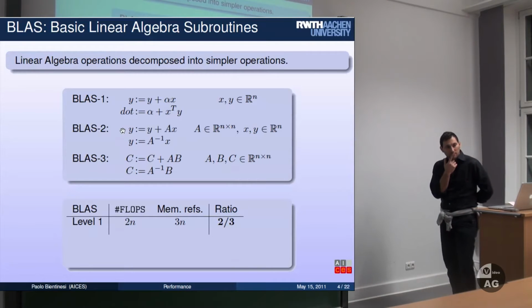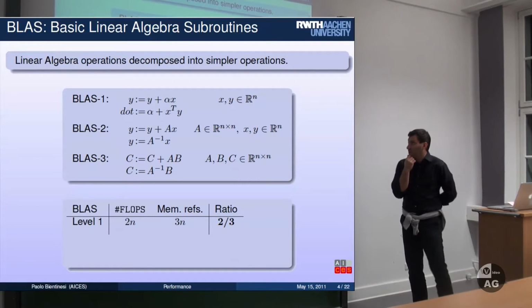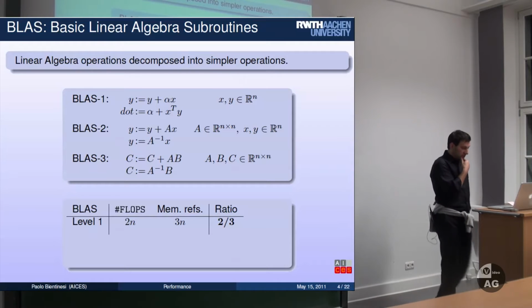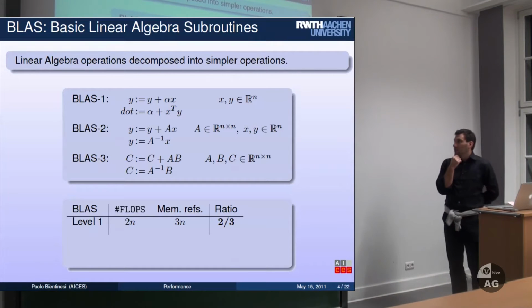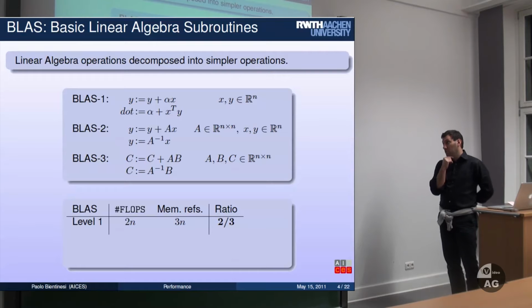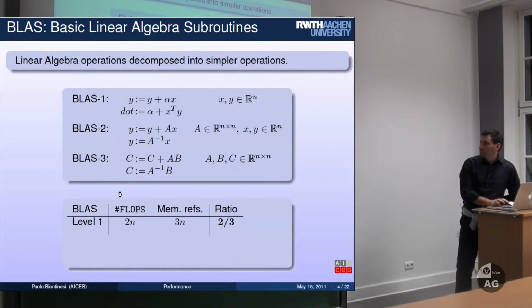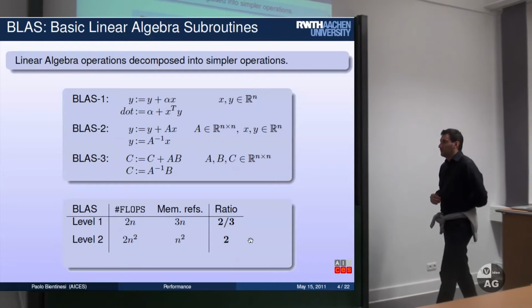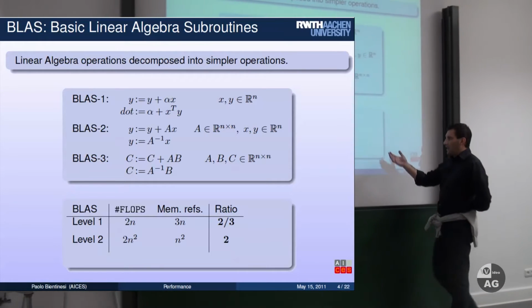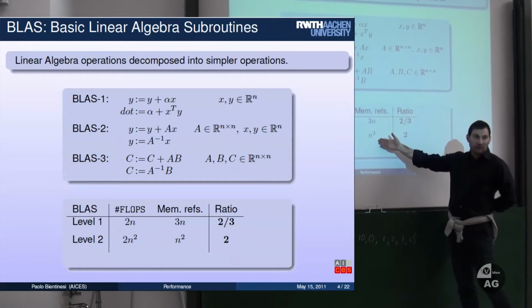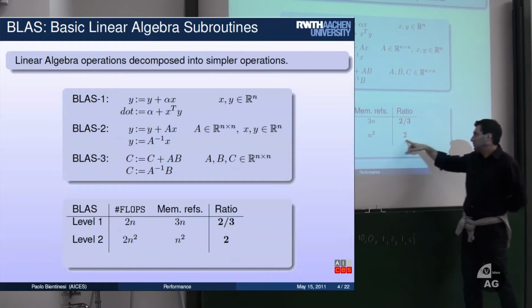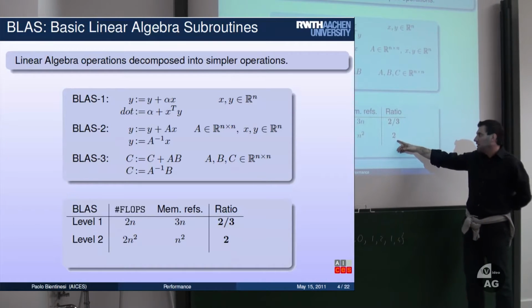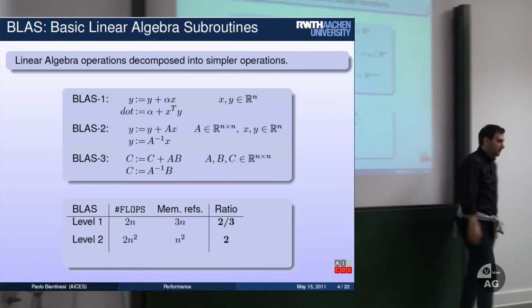So it's n square also. Yes, it's n square. As a matter of fact, you could say that it's 2n square, but yes, it's n square. Let's say that it's 2n square, so the ratio, at least, is bigger than 1. It means that if I access the memory so many times, per access on average, I perform 2 operations. At least it's more than 1, okay?